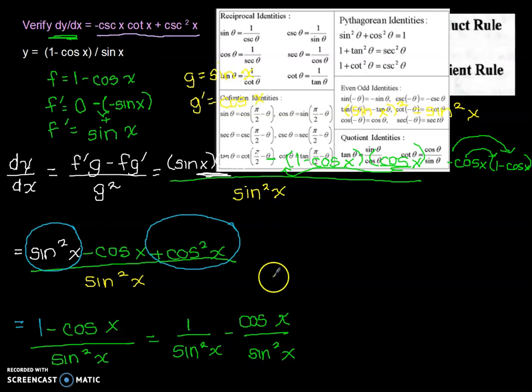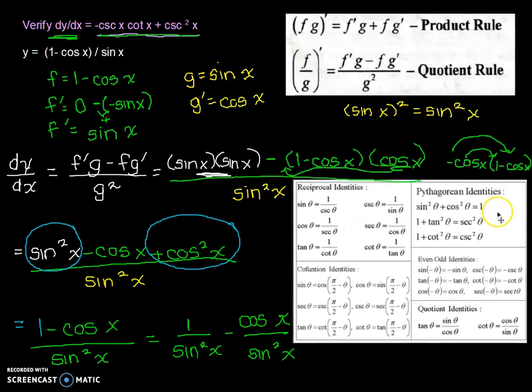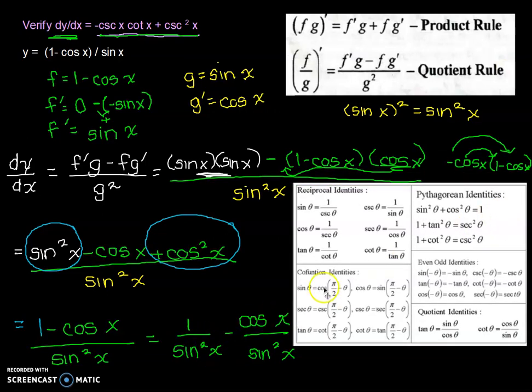Everything that I need to verify is in terms of cosecant and cotangent, so I'm going to look at these identities. For 1 over sine squared, if I look at the reciprocal identity, I see that 1 over sine equals cosecant.